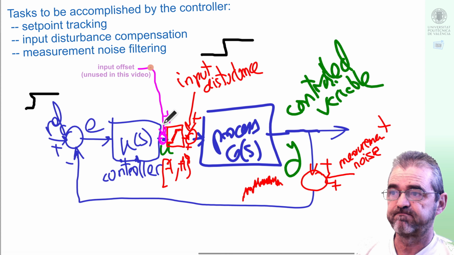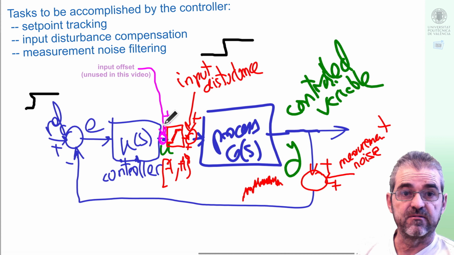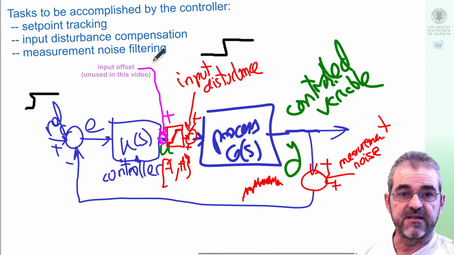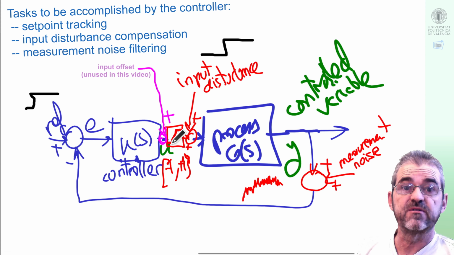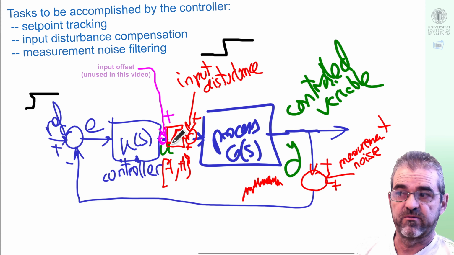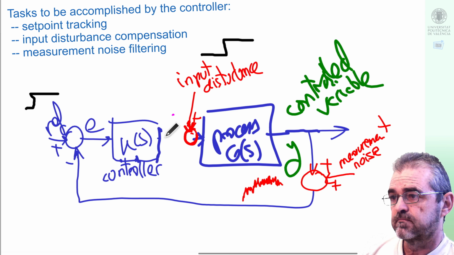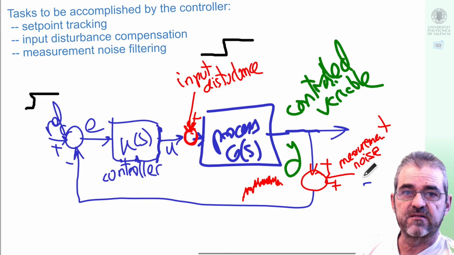Also we may have an adjustable input offset in order to better reach a given operating point. We did some things with it in proportional control, but here that input offset will be automatically computed by integral action, so we will not need it. So in this video, we'll end just simulating this.